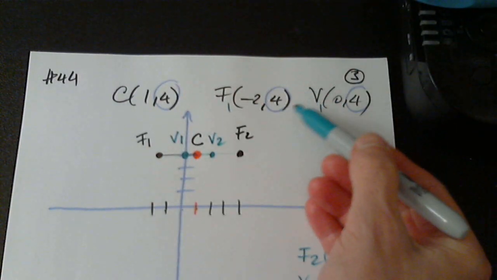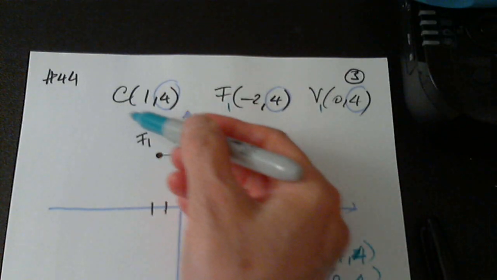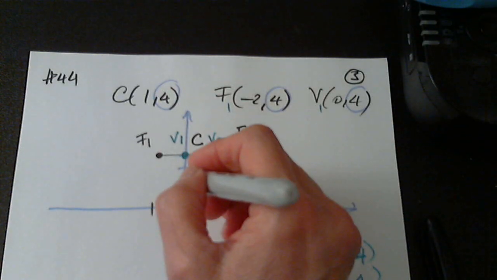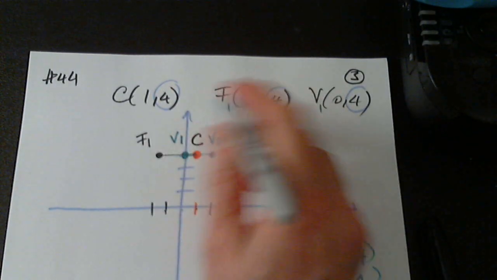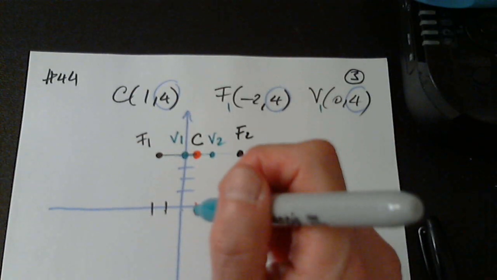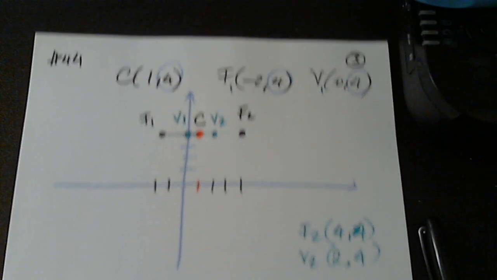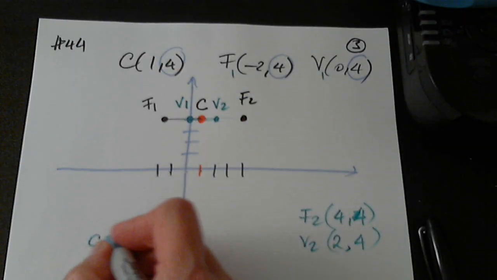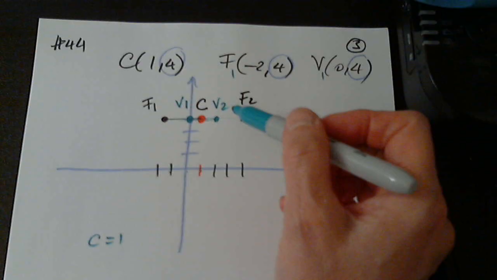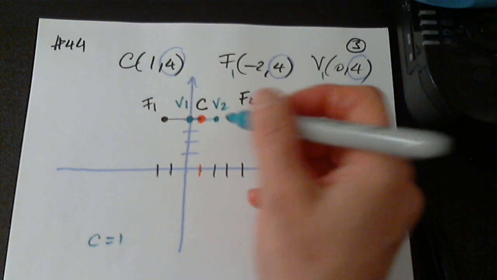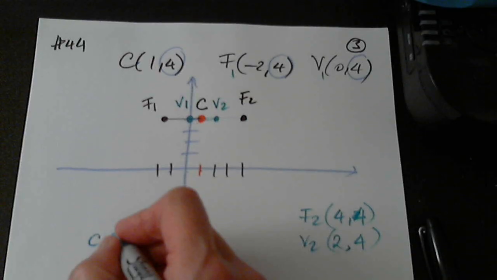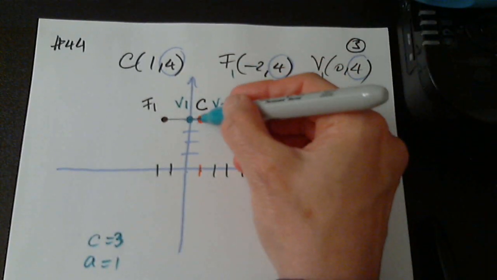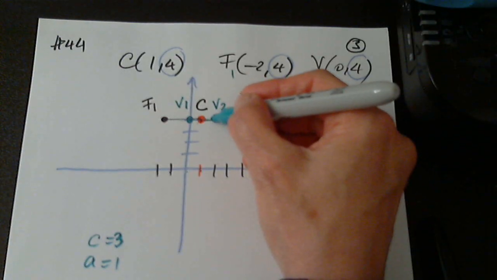So this is V2. I already know how it will look, but I don't have the rectangle yet. I have to draw the rectangle, draw the asymptotes, and then the hyperbola. I'm missing something. I know that c is 3 and a is 1. The distance between the center and the vertex is a.